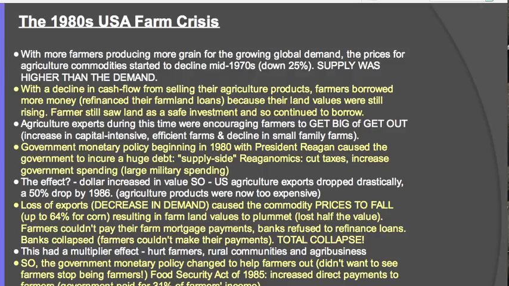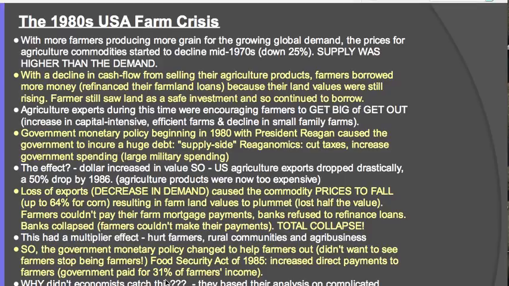But because the land was still very valuable, farmers didn't see that there was any problem with this. They still saw that their land was safe to invest in, and there was a little bit of a cash flow problem because they weren't getting as much money for their grain as they were. So they refinanced their farmland to get more money and basically get into more debt with these loans.